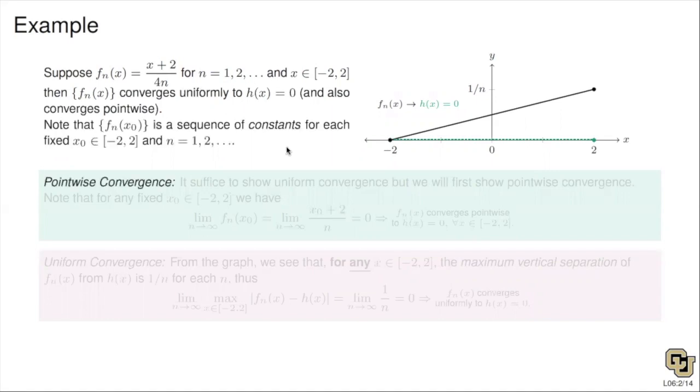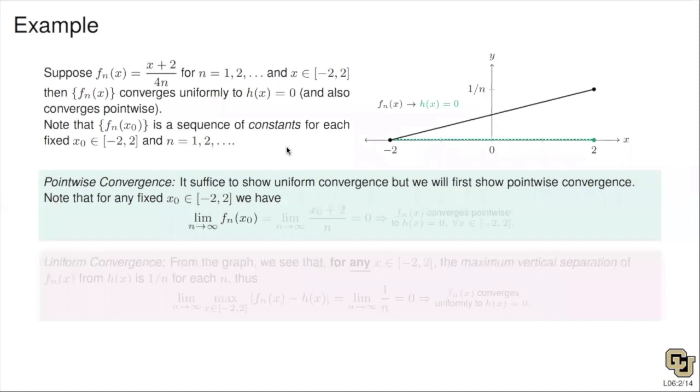And so for pointwise convergence, it's very easy. You can just take a limit. Pick any x sub 0, pick a point, plug it into the function, take the limit. The numerator is a fixed constant, since x sub 0 plus 2 is a fixed constant, and the denominator blows up to infinity, so the sequence goes to 0. So what have we shown?